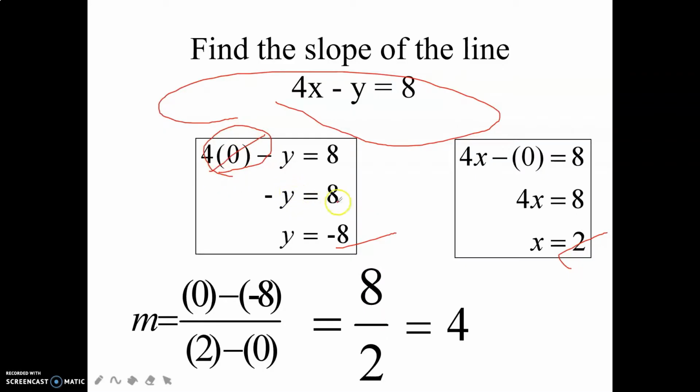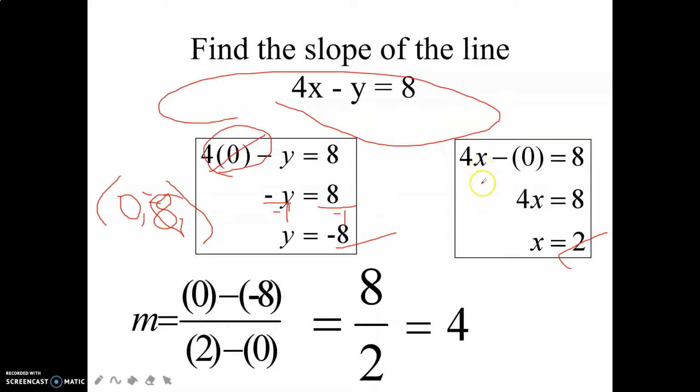We have negative y equals 8, and dividing both sides by negative 1 gives y equals negative 8. So, our first point is (0, negative 8).